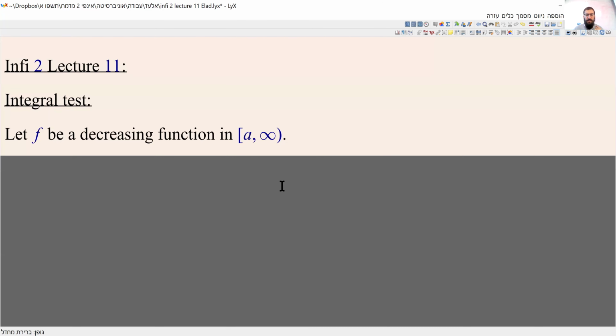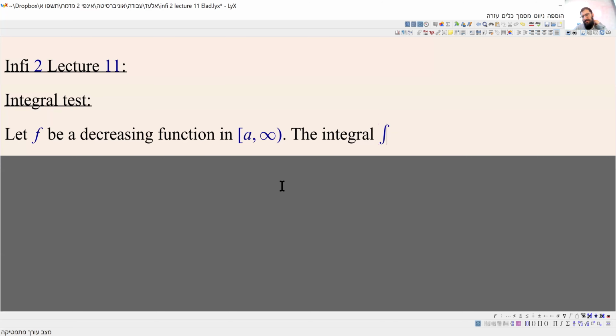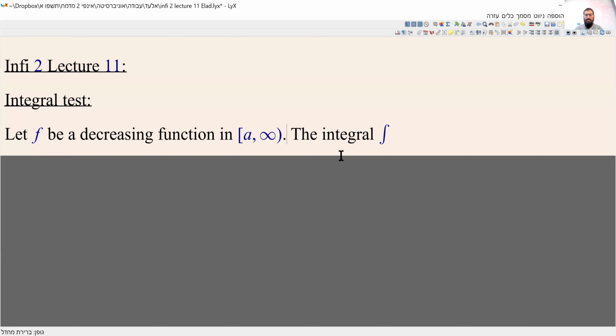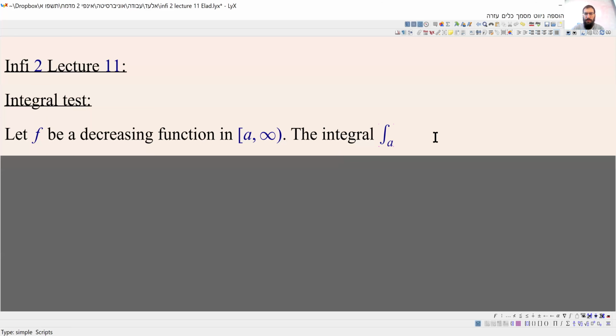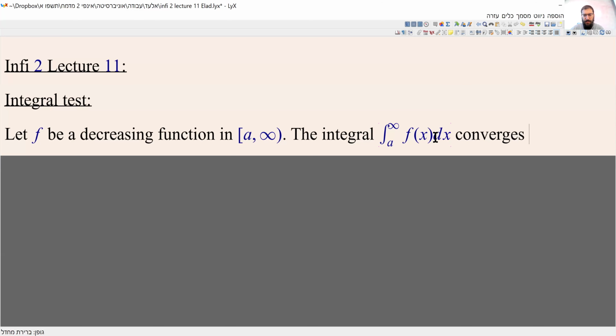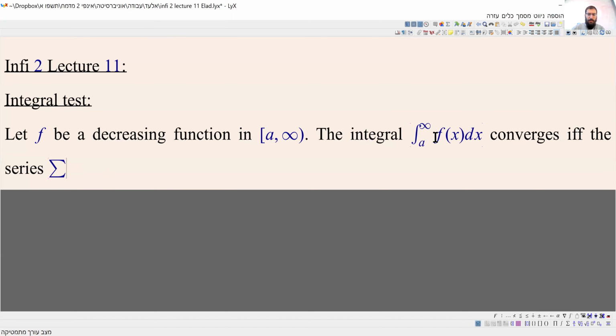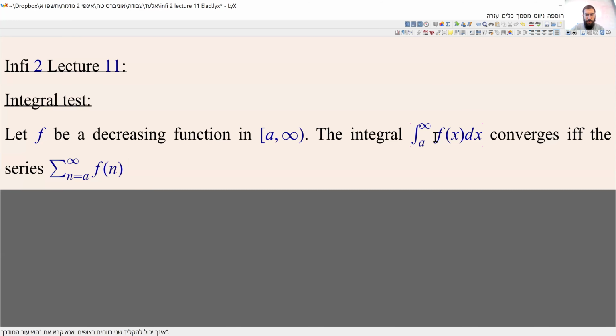And what I want to say is that the integral of f from a to infinity converges if and only if the series from a to infinity of f(n) converges.